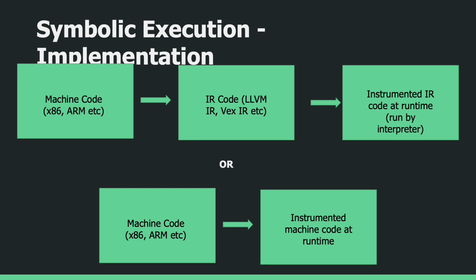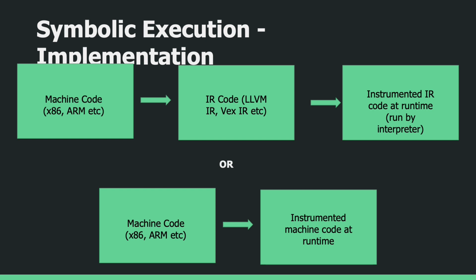So we convert this machine code into a simplified assembly at runtime, and then we interpret or instrument this simplified assembly code at runtime, which is run by our interpreter. This flow is followed by KLEE and these symbolic executors. Or there is another technique in which we directly take the machine code and instrument this machine code directly at runtime. Of course it requires you to write instrumentation code, which is also assembly.